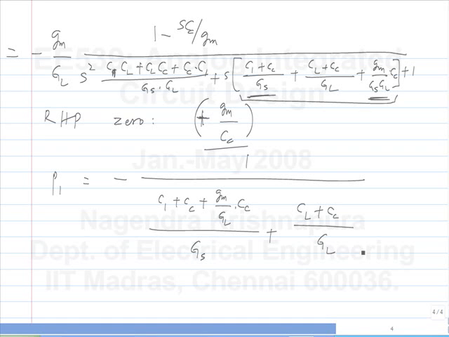The first term is the pole intrinsic, which is C1 into capacitance and 1 plus Gm R, gain times Cc. In particular, this term is Cc times 1 plus Gm by GL. What is that? Miller multiplication of Cc. Okay.